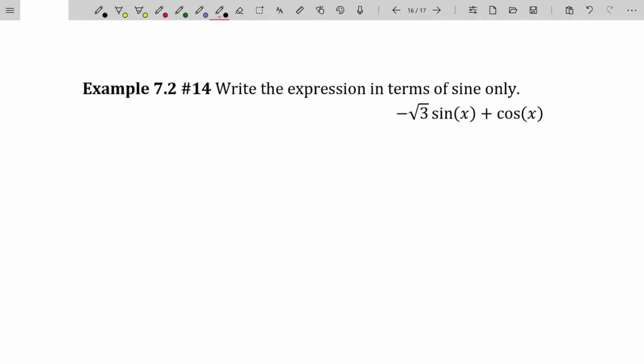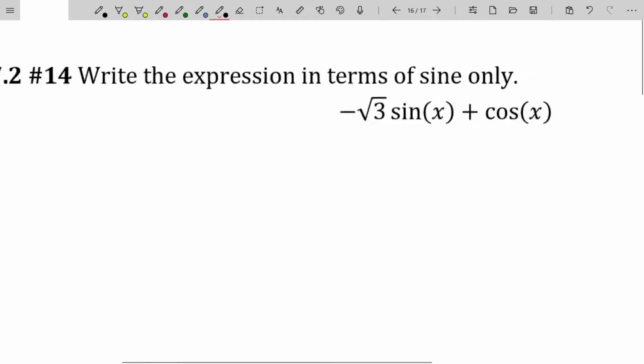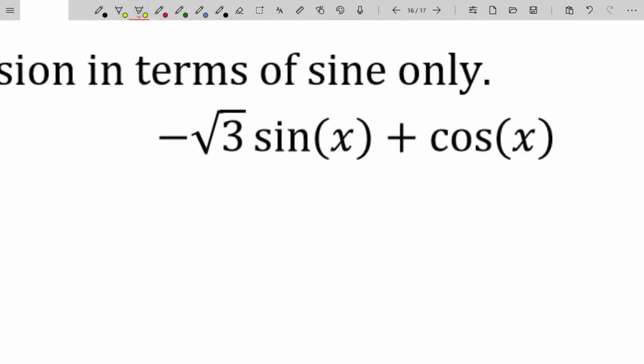So let's go ahead and write this expression here in terms of the sine only. We have a negative root 3 sine of x plus 1 times the cosine of x. Remember, the coefficient of the sine will be related, but not equal to, the cosine of phi. And the coefficient of the cosine, which is a 1, I could write that in there, I suppose, is related to, but not equal to the sine of phi.